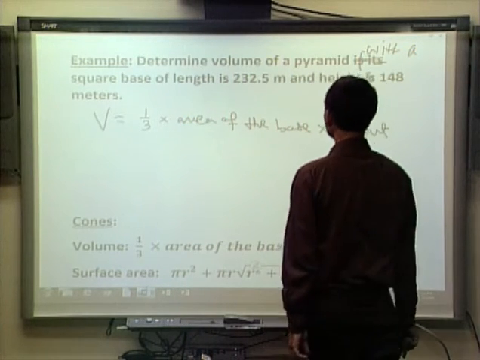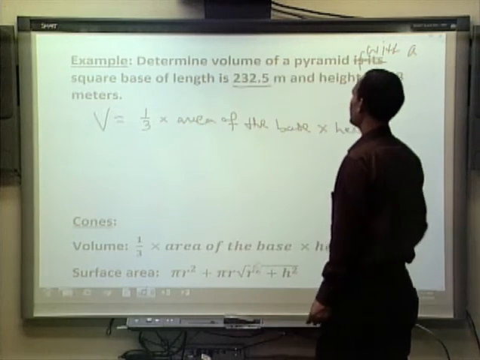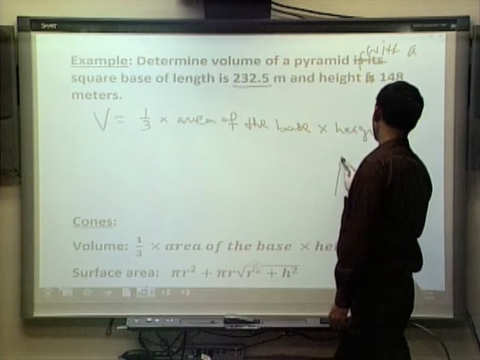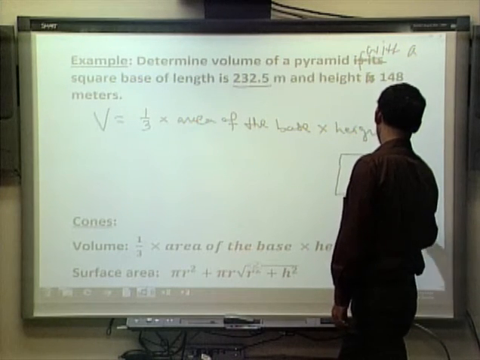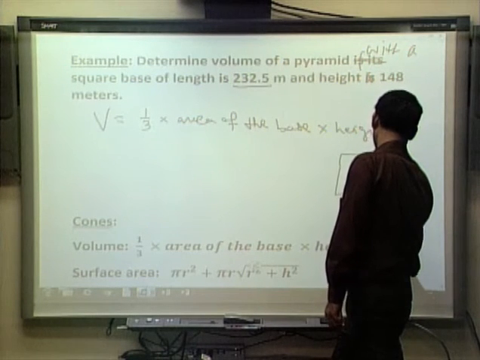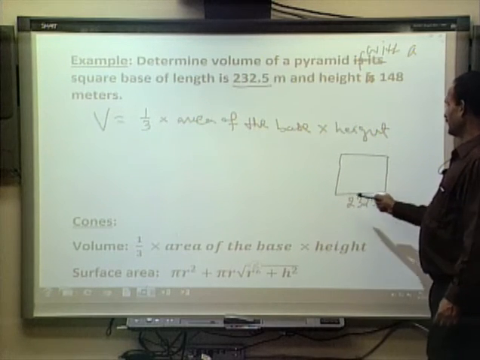So now in this question, the base is a square with side 232.5 meters.